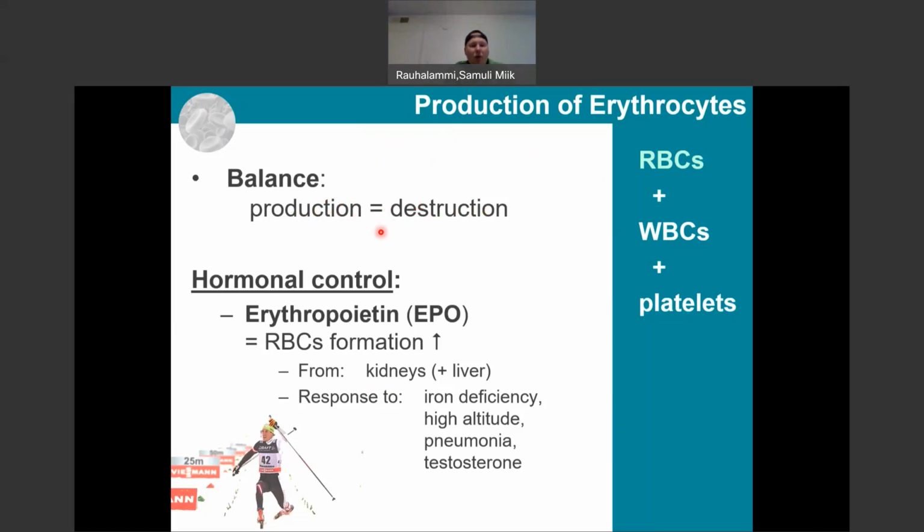One hormone that I especially want to mention relating to our endocrine system is EPO, so erythropoietin, an important hormone regulating the production of the red blood cells.